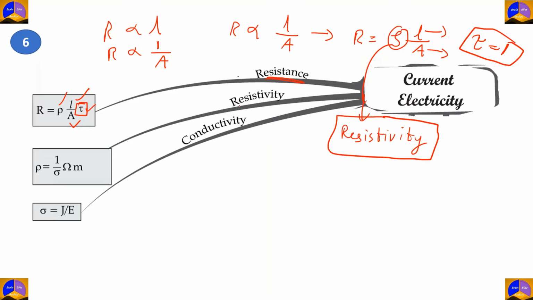Now, how do you find the resistivity of a conductor? We've seen in the earlier part of this video that resistivity is inversely equal to conductivity, or resistivity is the reciprocal of conductivity, which is represented as sigma.